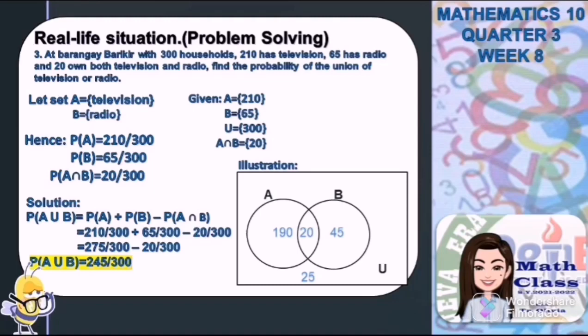But since this can be simplified to lowest terms, we're going to simplify. The common factor of both numerator and denominator is 5. So the final answer will be the probability of A union B is equal to 49 over 60.